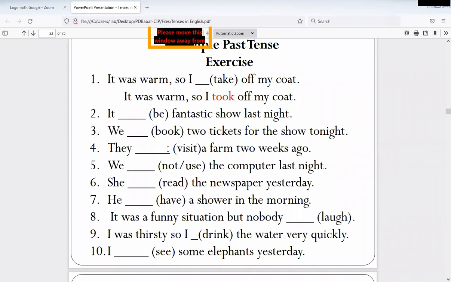We booked, we add the ed suffix. We booked 2 tickets for the show tonight.